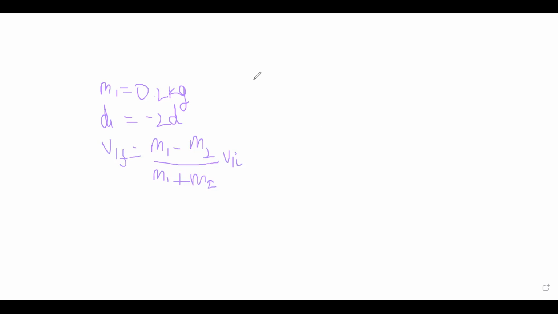And so this is just for the first mass after the collision. Now for the second mass, we don't know its mass, so we're going to put m2 and leave it like that.